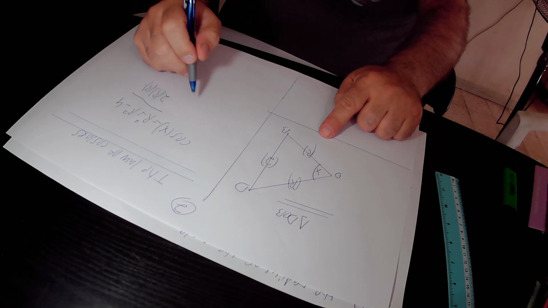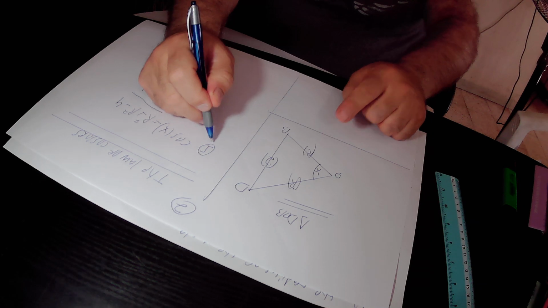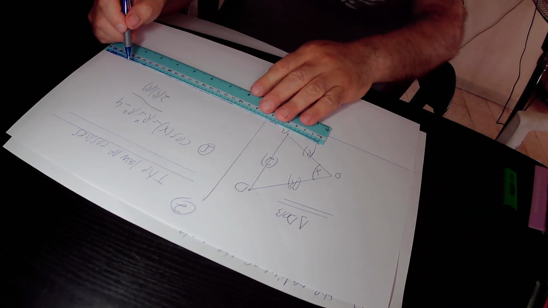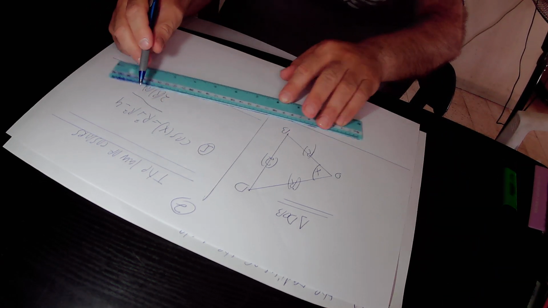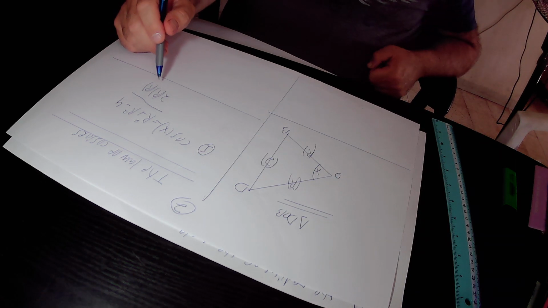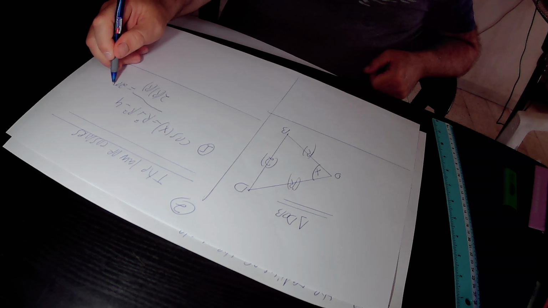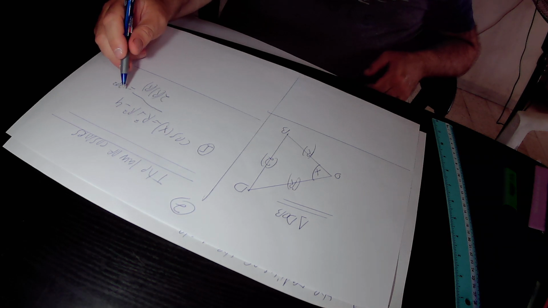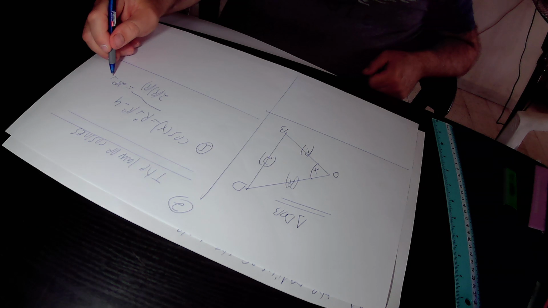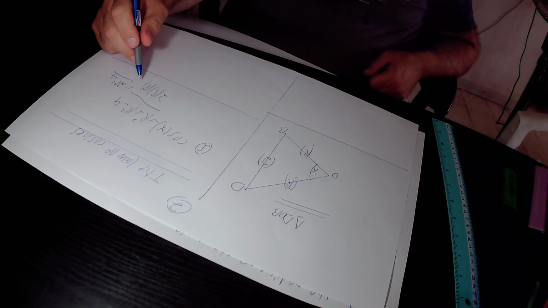We find that cosine x equals R squared plus R squared minus 4 over 2 times R squared. R squared plus R squared is 2R squared. So in the numerator of this expression, we have 2R squared minus 4, divided by 2R squared.